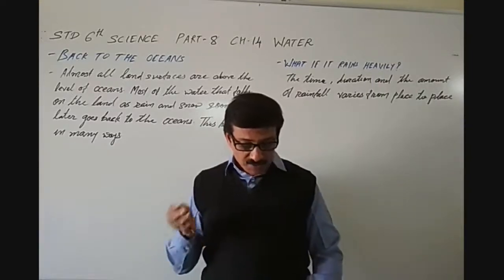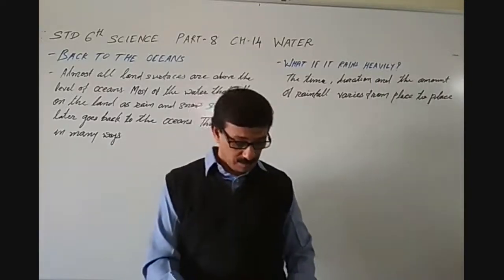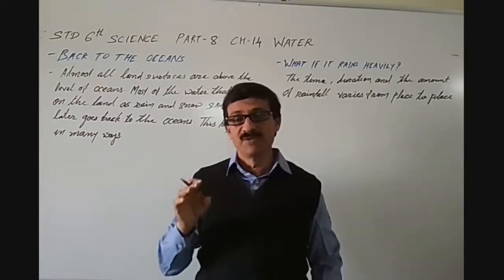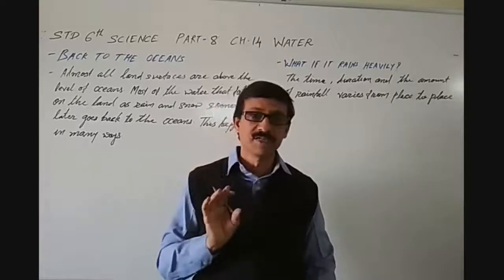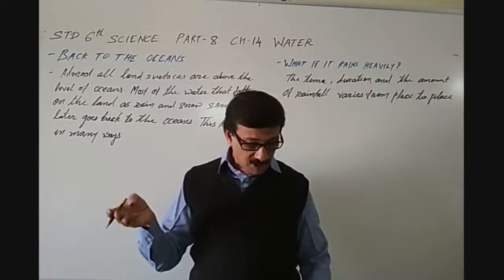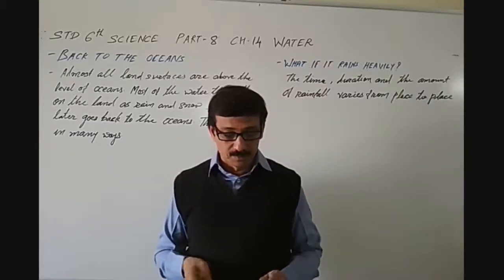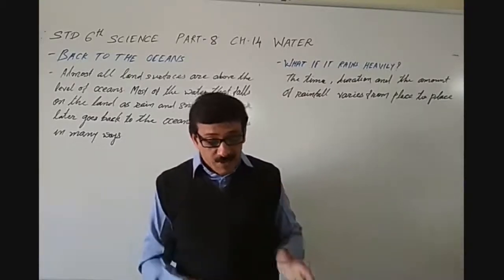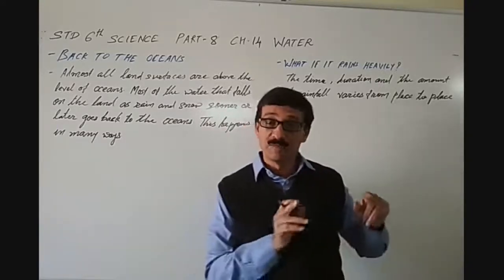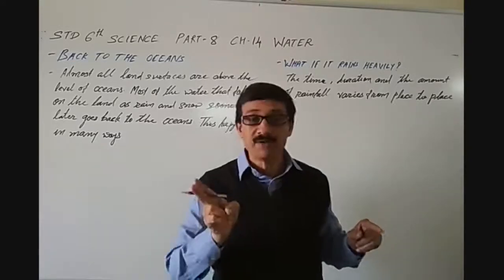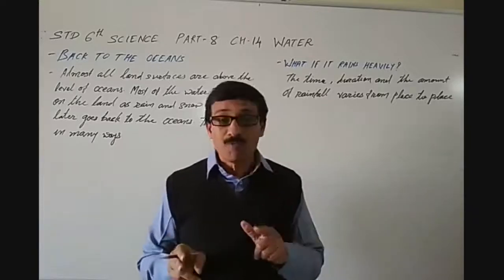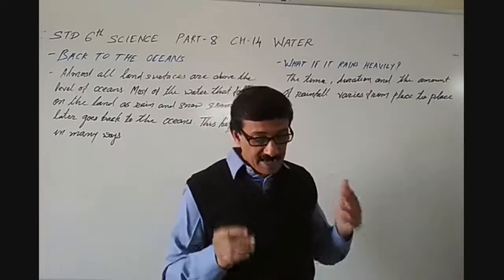However, the water of some rivers flows into lakes also. But those are very few rivers whose water flows into the lakes. Then the rainwater also fills up the lakes and ponds. See, because of some rivers, the water of the river flows into the lake. Secondly, the rainwater also fills up the lakes and ponds.